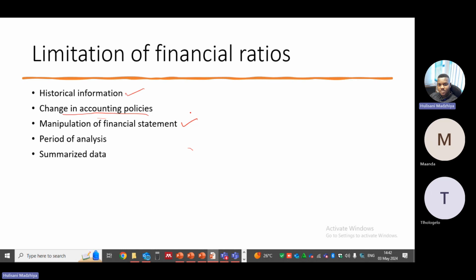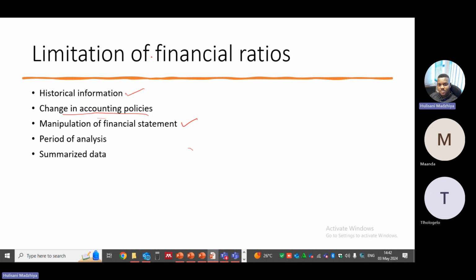So meaning that Canal will have to pay more because of that. So it's easy to manipulate financial statements if you are an expert in the preparation of financial statements and the company's operation. This is one of the limitations, because if financial statements are manipulated, our financial ratios will also give false information or incorrect results.